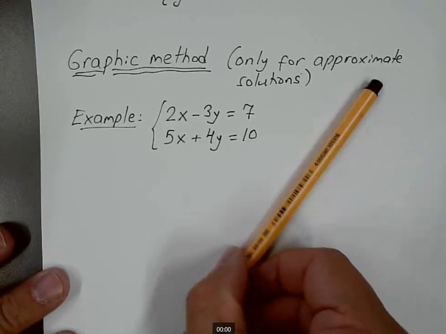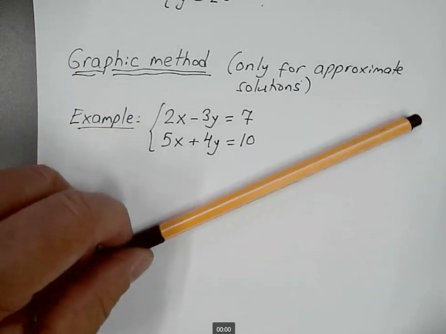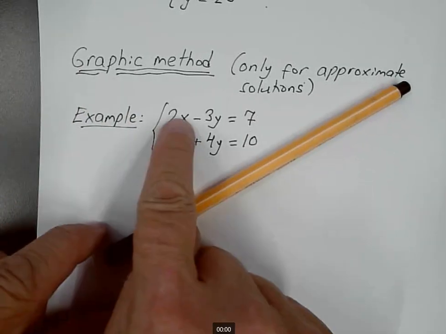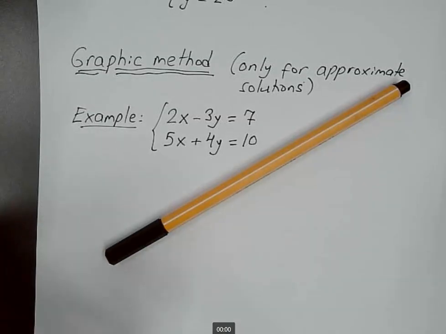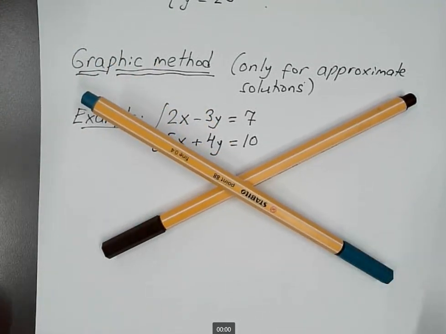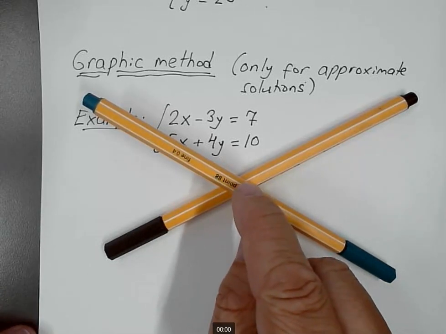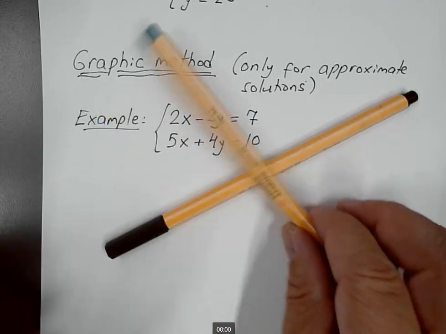So those lines will be in some orientation. For example, this may be the first line, and this pen may be the second line, and they are intersecting somewhere. So the solution of the pair of equations is the coordinates of that intersection point.